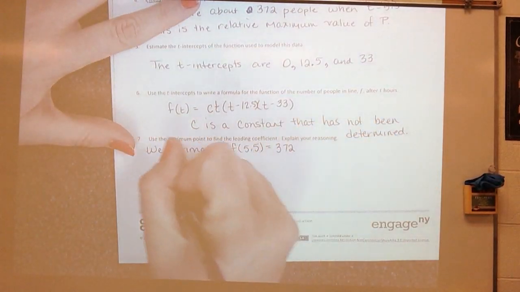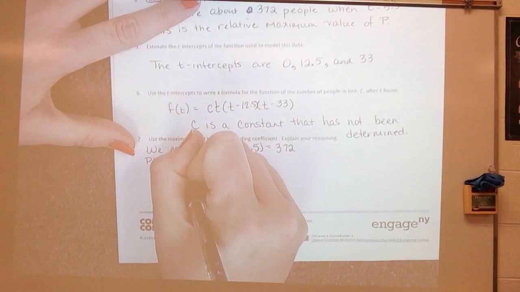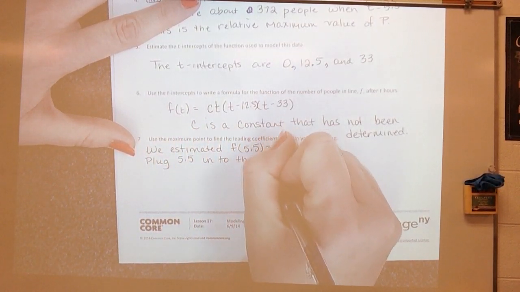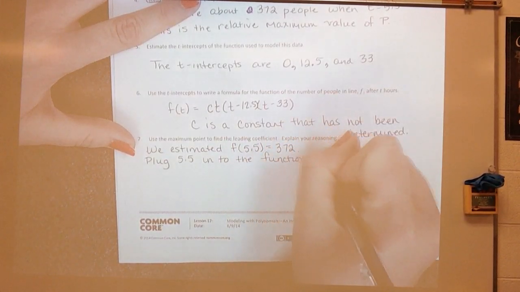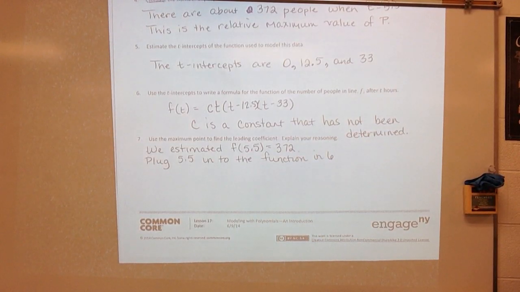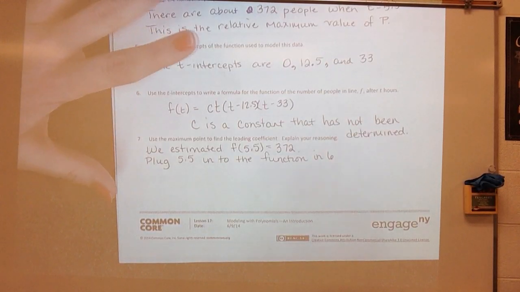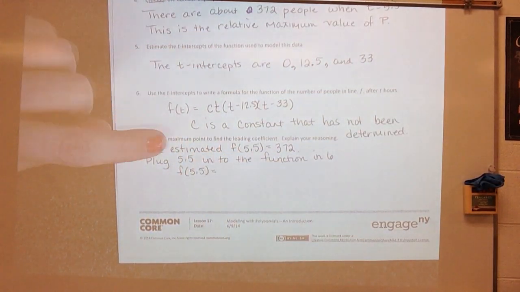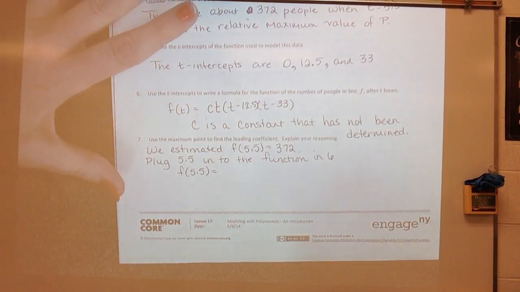So we're going to plug 5 and a half in to our function that we created in 6. All right? And when we do that, this is what we get. Now remember, we said C has not been determined yet.